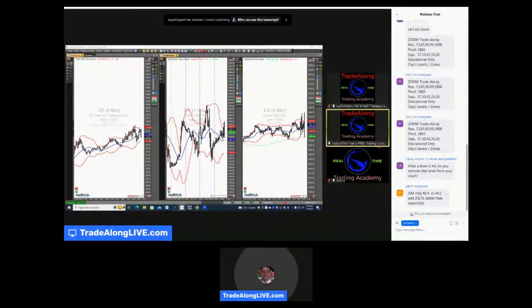So as you can see here, Pat put in the ISM manufacturing number, came in at kind of where it was expected. The JOLTS number, which is the job openings and labor turnover number, better than expected. Again, better than expected is not good from the Fed's standpoint, though.